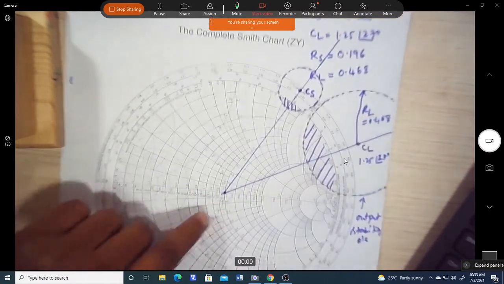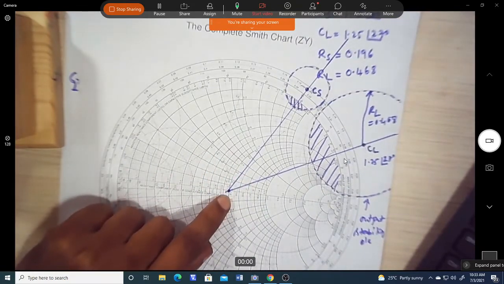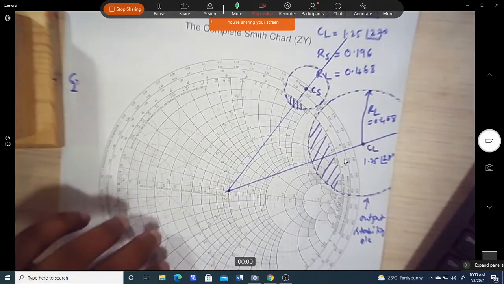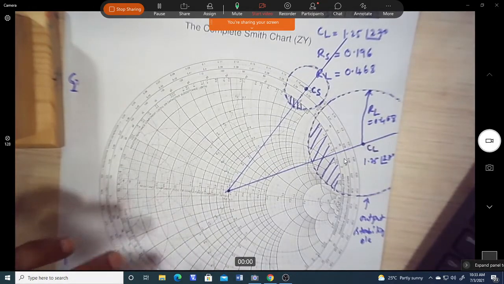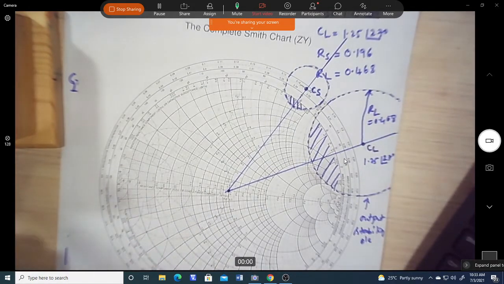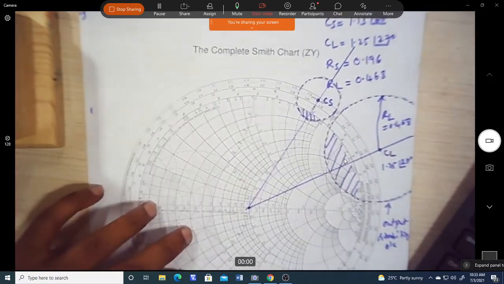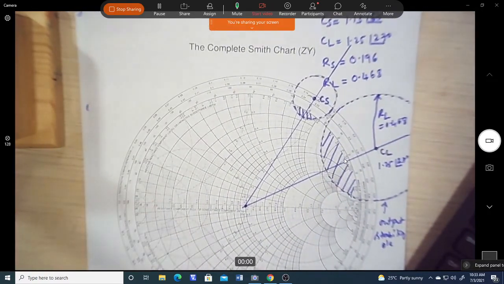But since the center of the Smith chart is not covered, the given device is potentially unstable, or conditionally stable. That is how we need to define the stable region and unstable region, and whether the given device is potentially stable or unstable.